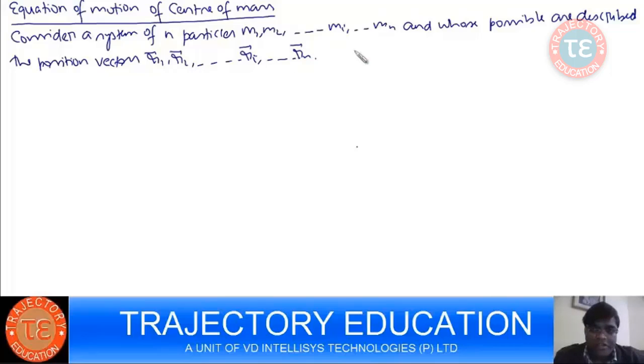The position vectors are described by r1, r2, r3, ri, rn, right?